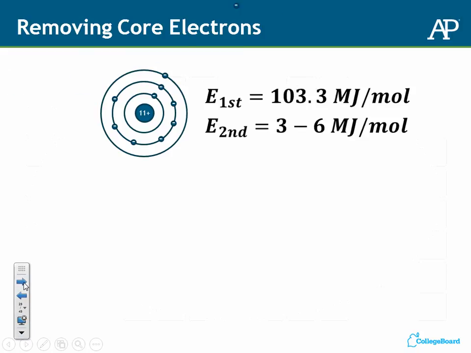Second energy in. Now here's the thing, if we remember that if we're going to put enough energy into an atom to remove that second electron, whether it's valence or core, it's also going to have enough energy to remove the first electron. So what we need to know here is, is this energy that we're putting in removing the first electron, or is it removing the second electron?